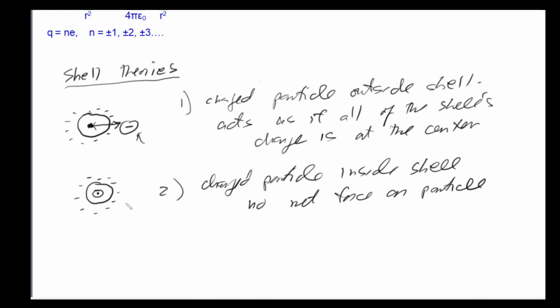And that's because all of these forces cancel each other out. And it doesn't matter where you are within the shell, it turns out they cancel each other out in any position.